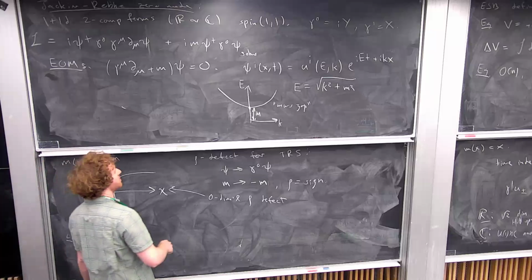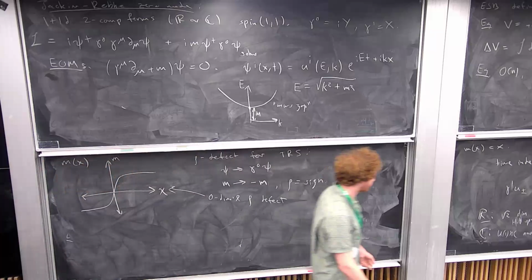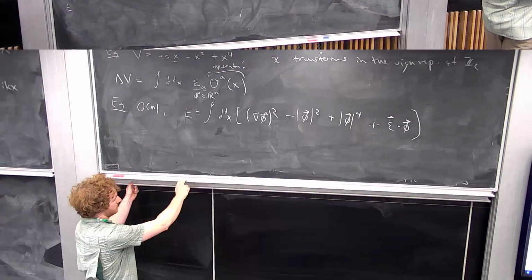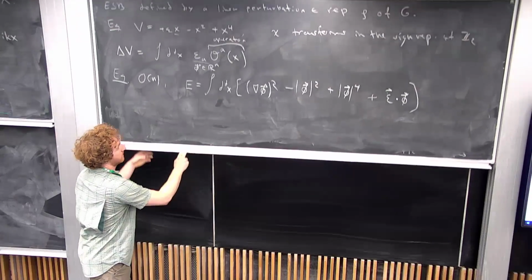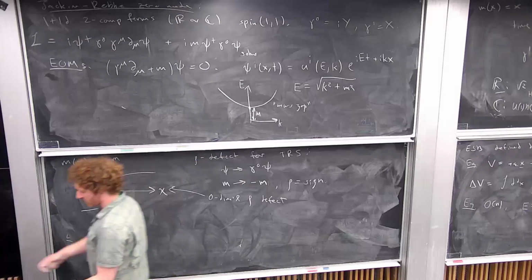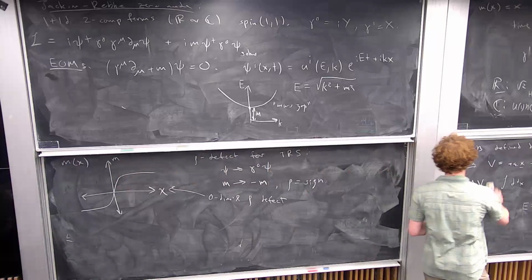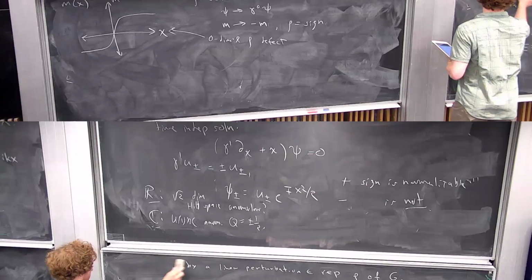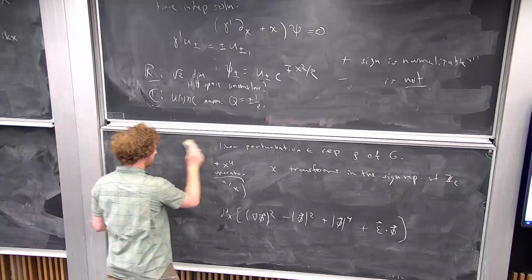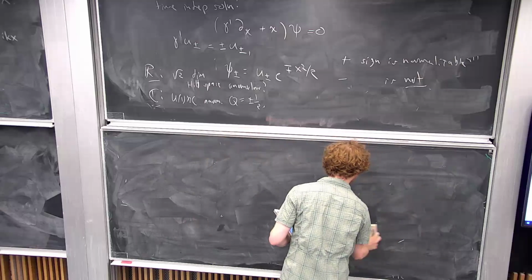So let me mention, I wish I had more time to do these calculations, but they're very slow on the board. I'll give you two exercises, with very similar calculations to this.